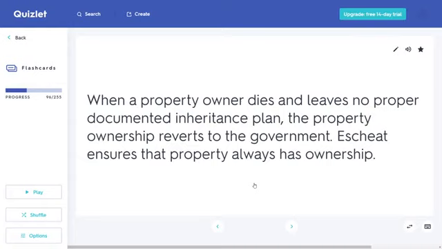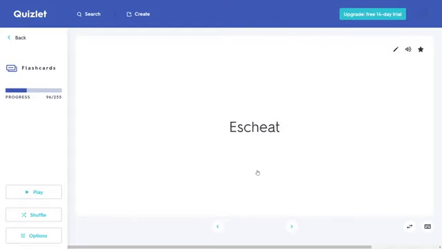Escheat ensures that a property always has ownership, and that's important not only for a local economy, but a global economy, because you want people to own property, and you want people to live in houses and things like that, and you need ownership always to be there.